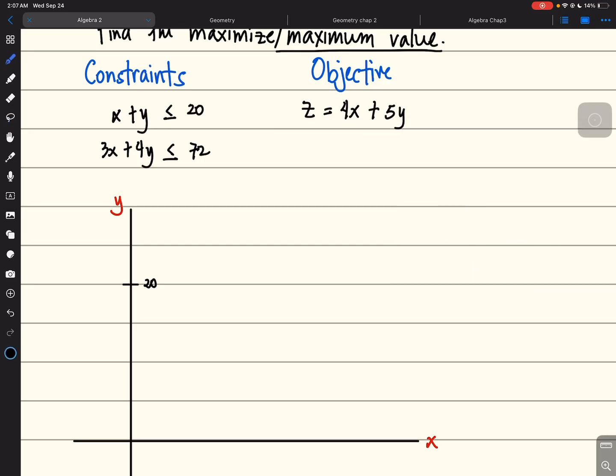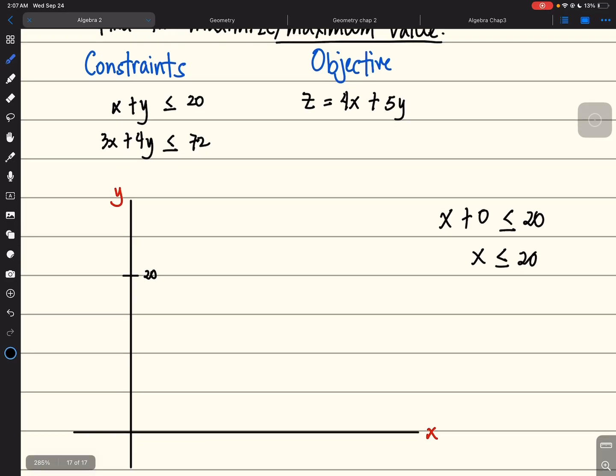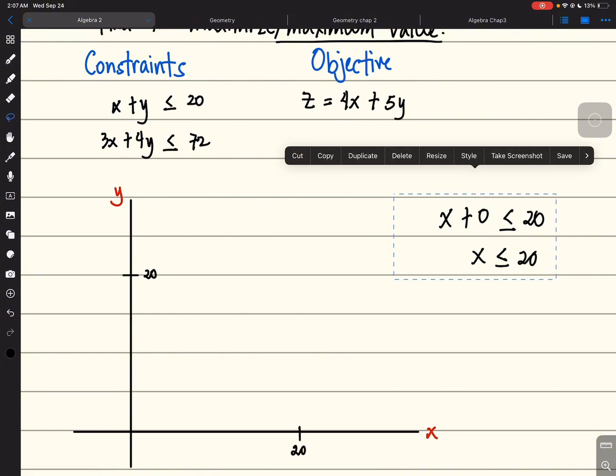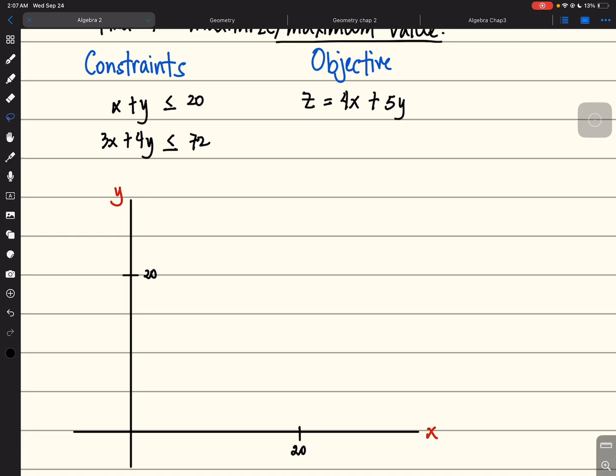So x plus 0 less than or equal to 20. So x is still the same, 20. So let's say the x is over here, 20. Okay. So let's delete this one. Next, once we find the points for the first inequality, let's move down to the second inequality.